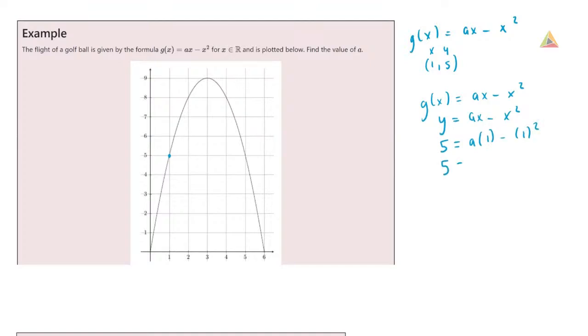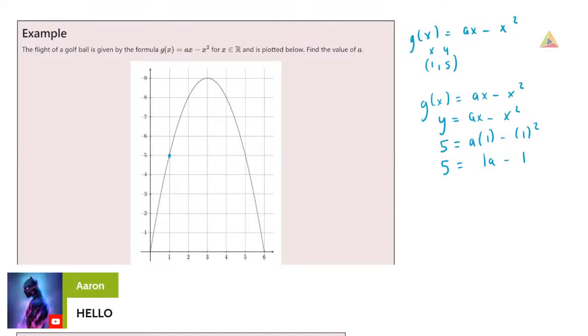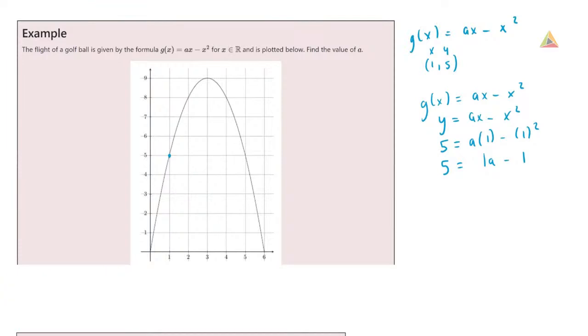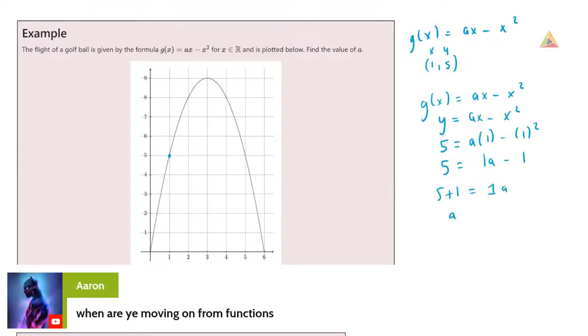So then I get 5 is equal to 1a minus 1, because 1 squared is 1. So now what we want to do is get the a on one side and numbers on the other. So I'm going to bring the minus 1 over here, so it's going to be 5 plus 1 is equal to 1a. So then I get a value of a is equal to 6.